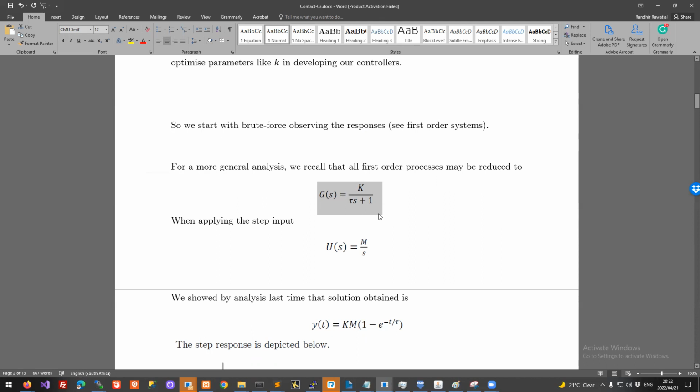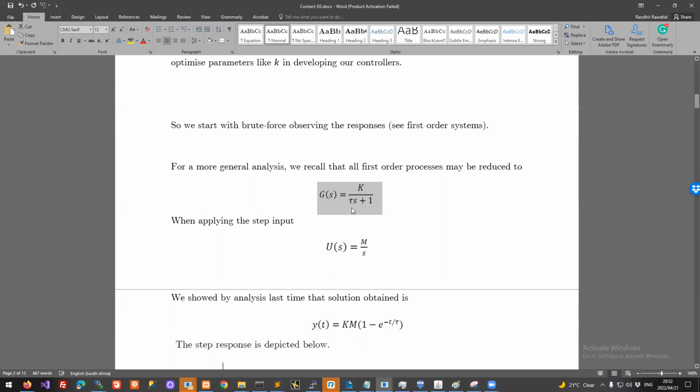Because remember, control engineers are not always chemical engineers. They don't necessarily want to go and derive material balances and so on. So they just want to know, is it a first order process? If it's a first order process, then straight away, they know every important feature about that process. They know that there are two constants, and one is like a time constant.